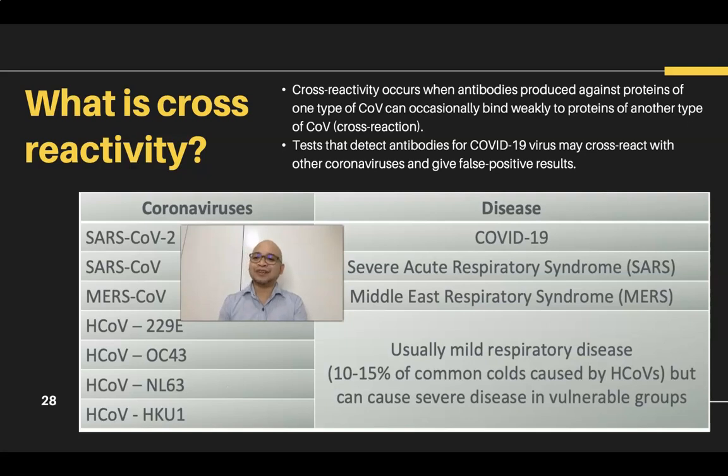So all of these coronaviruses may interfere with one another, and it results in the so-called cross-reaction. So tests that detect the COVID-19 virus may cross-react with other coronaviruses and eventually give false positive results. So that is one thing we have to consider during laboratory diagnosis.